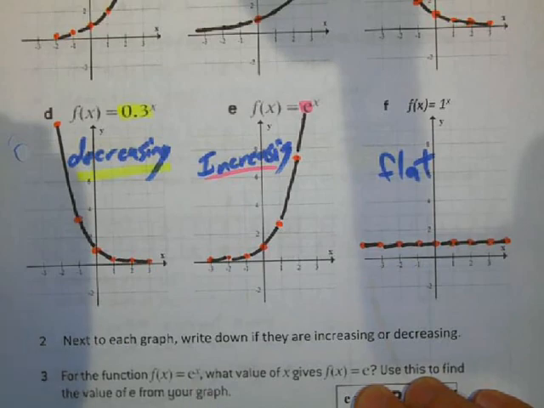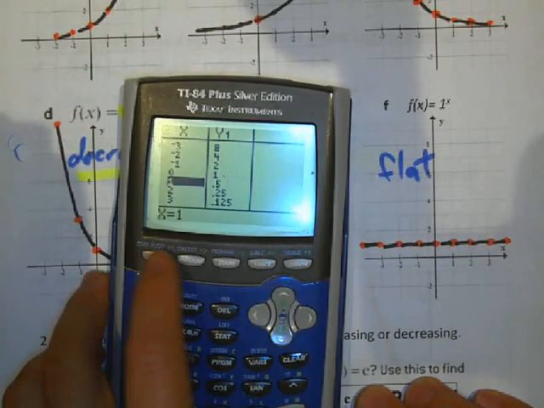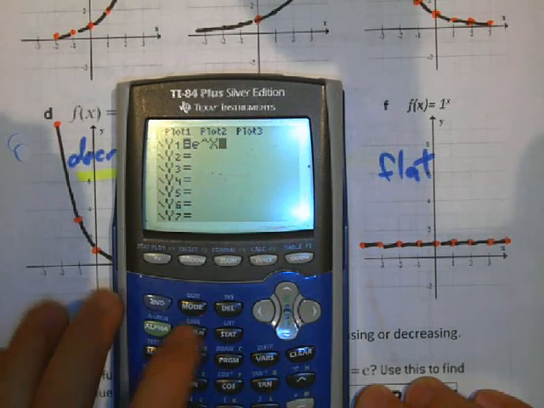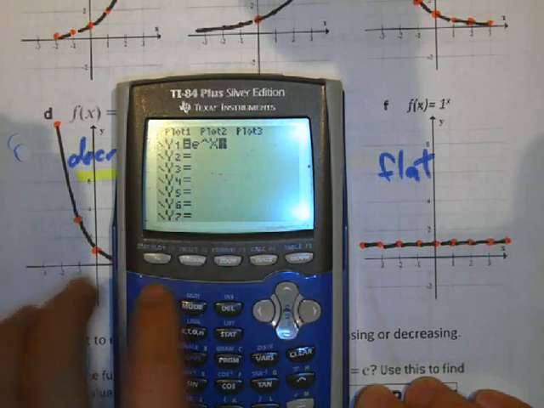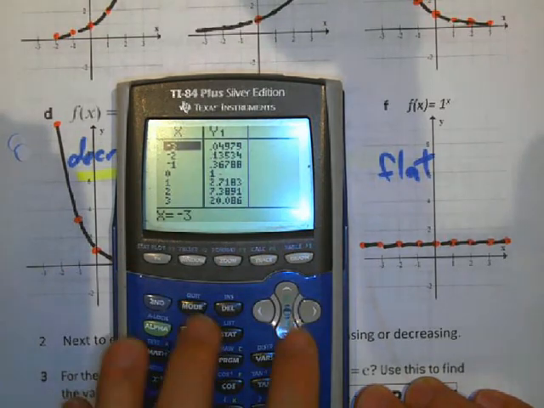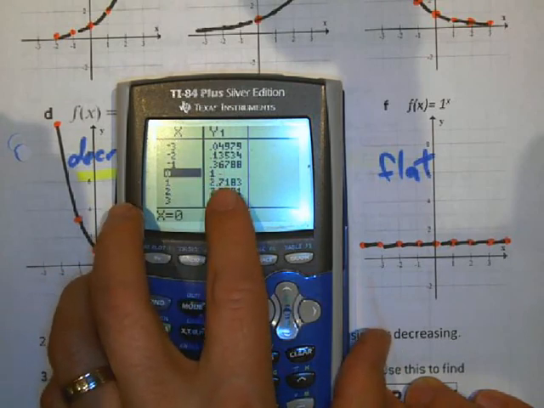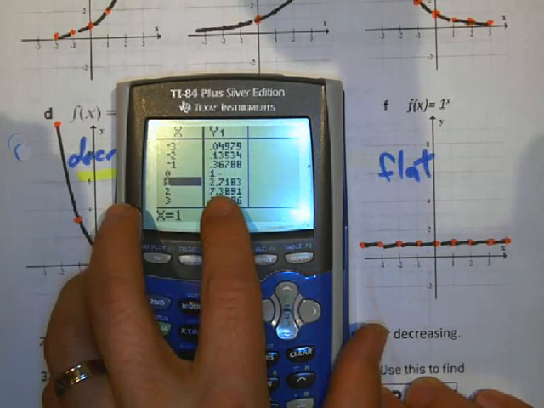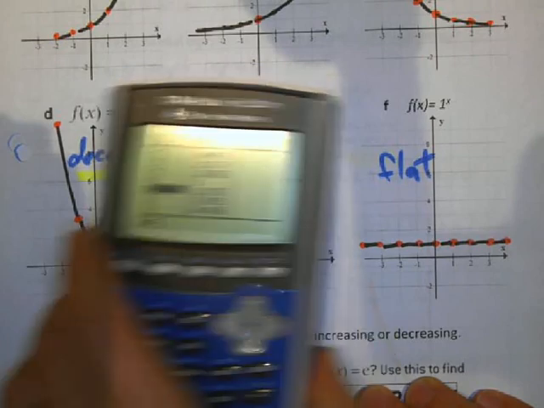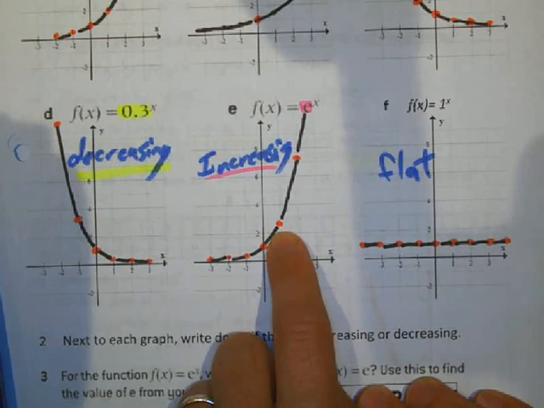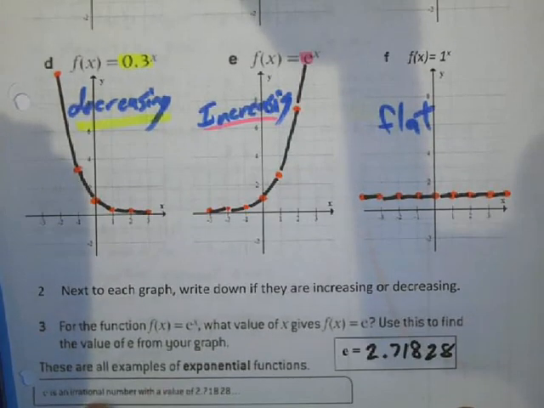So let's type in this function, e to the power of x, and if I get my table, you can see when x is 0, we're at 1, and when x is 1, we have 2.7183, and that's about where I put this red dot here, and then we gave you the answer here.